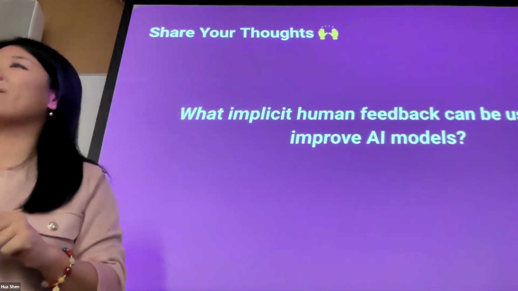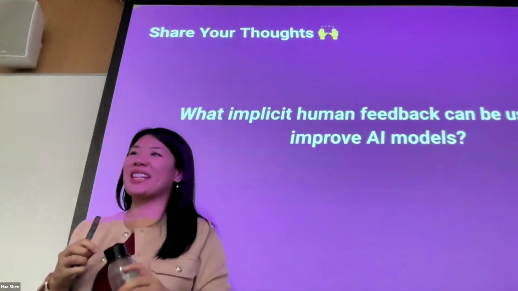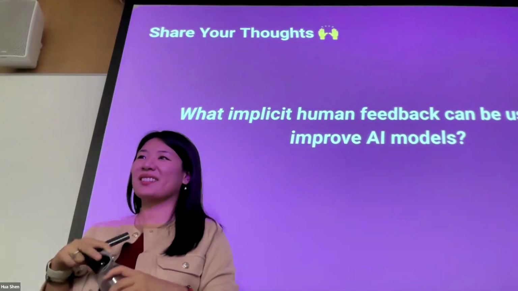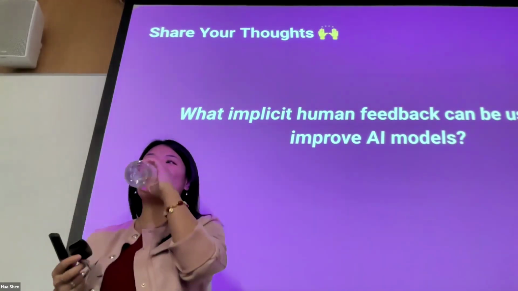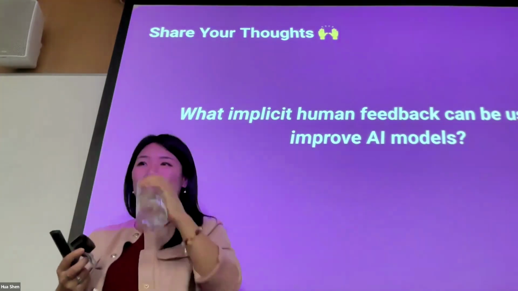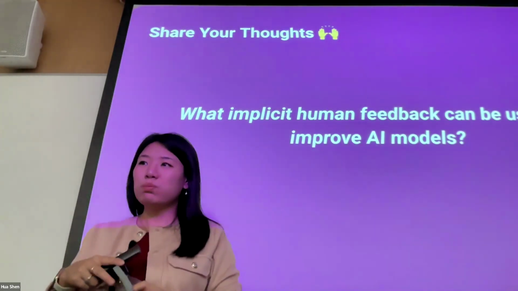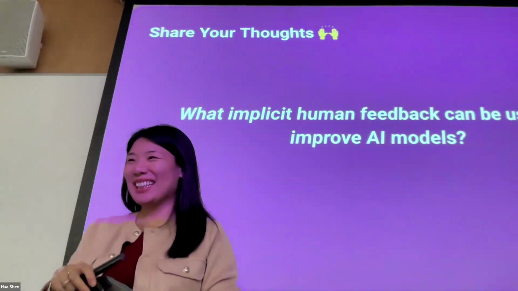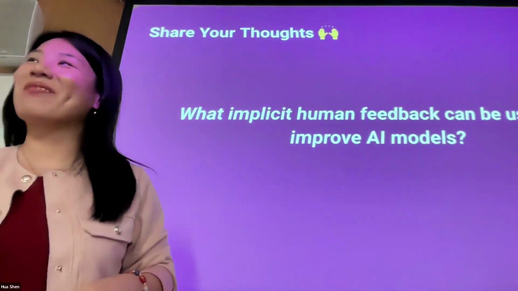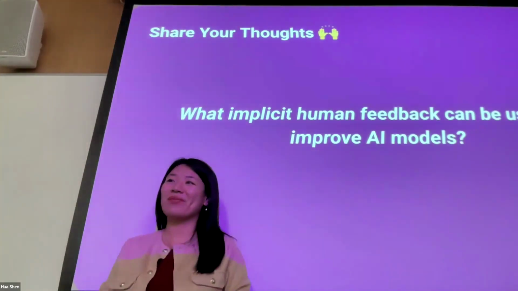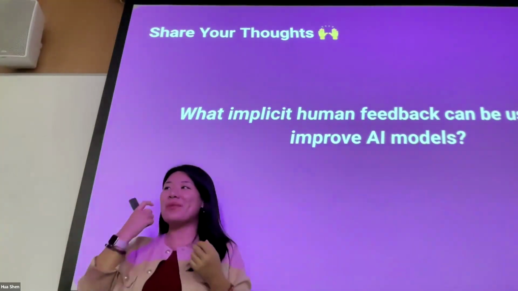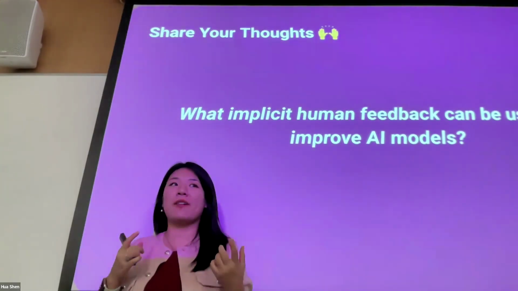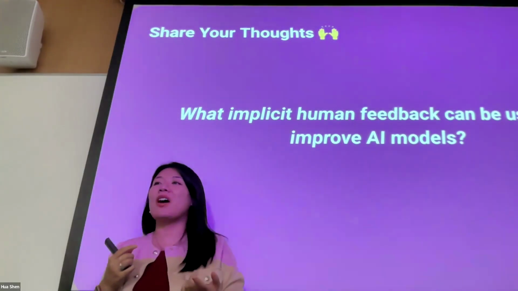Also, I think, for example, a certain module can extract the user's emotion. For example, if the LLM has generated an unsatisfying result and the user might be very angry about it, the emotion can be extracted as implicit feedback. Yes. I think this is especially good when the LLM is speech based, a speech LLM.